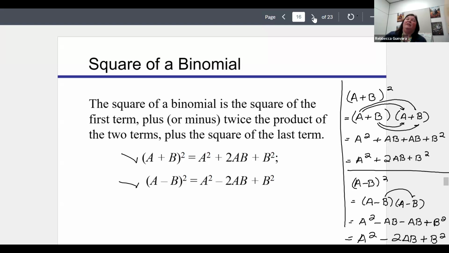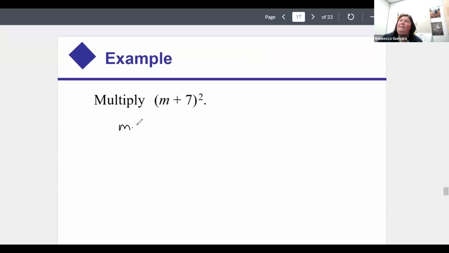Okay, so this next part might be a little silly. Let's say we wanted to multiply this together. There's no reason that you can't take this and just do a FOIL. There's not really anything stopping you from doing that.